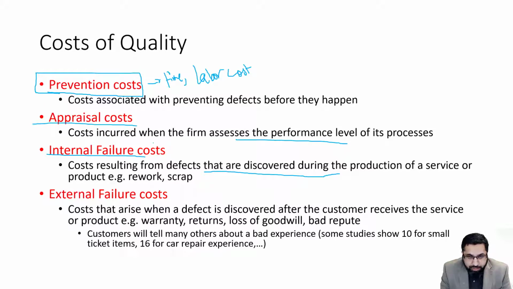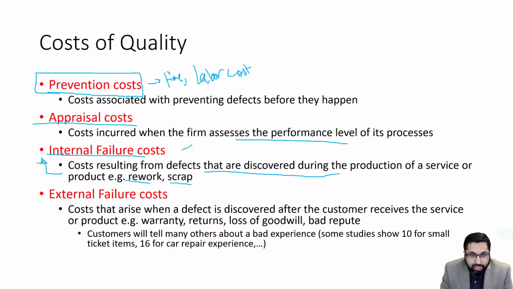So let's say you're making a product and you find some defects. You may decide to fix those defects, or you may decide to scrap those pieces and just build new ones. So rework and scrap costs are called internal failure costs. There was a failure, there was a defect. The only difference is that it was discovered within the company and not by the customer.